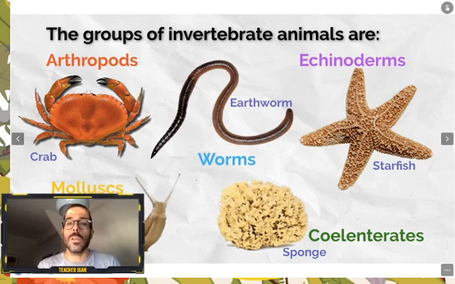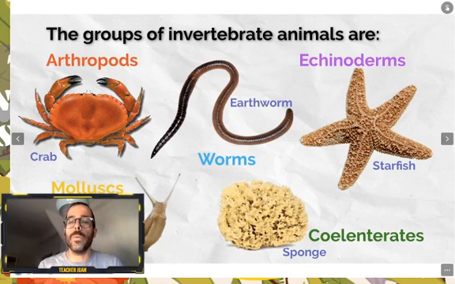The mollusks, as the snail, there are lots of them, in water, on land. The worms, like the earthworm, este gusano de tierra, esta lombriz, and the echinoderms, that are this type of starfish. They usually live underwater.